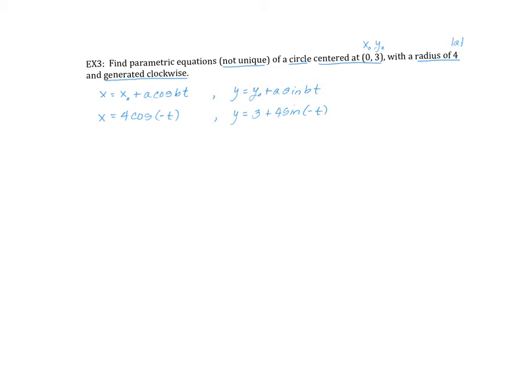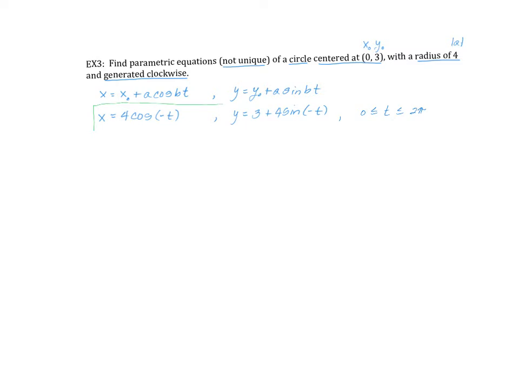And since this is a complete circle, I'm going to state my t values. So remember, you should always be stating your t values. I'm going to state my t values as 0 to 2 pi.